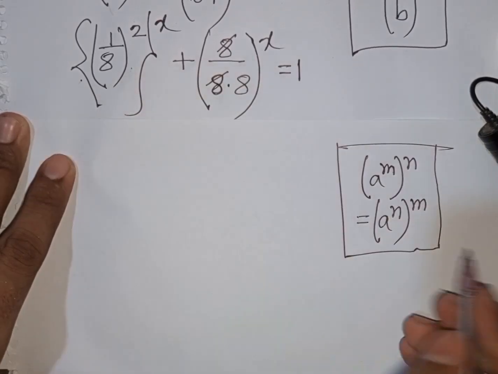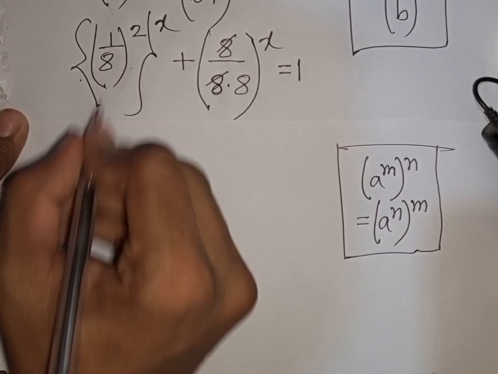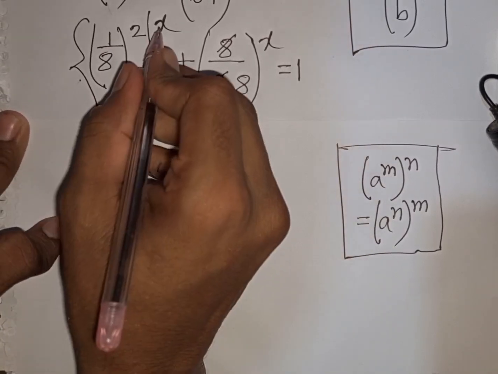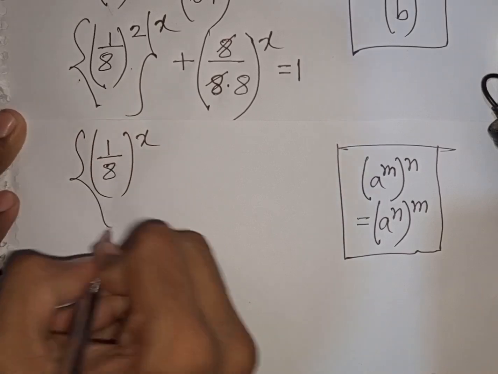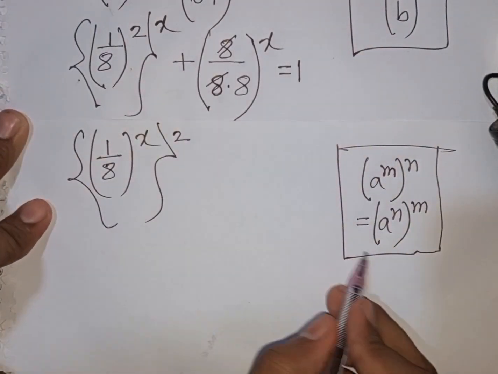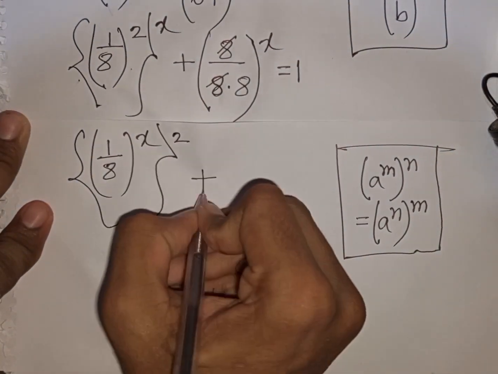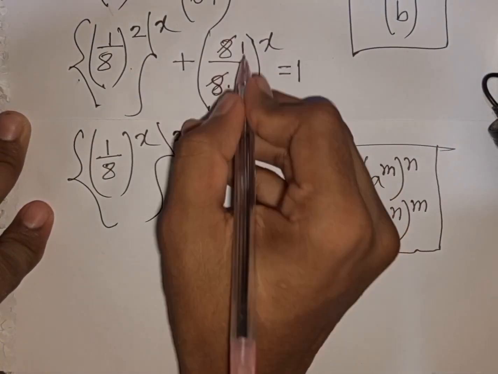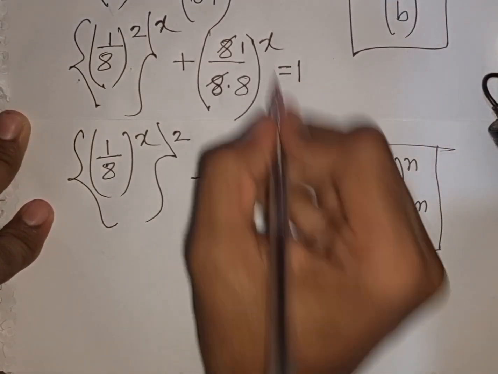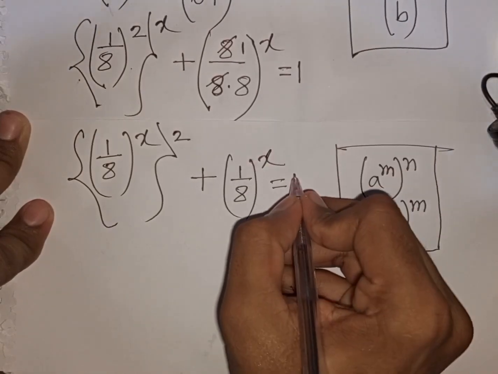So, according to this rule, it will be ((1/8)^x)^2, plus (1/8)^x, is equal to 1.